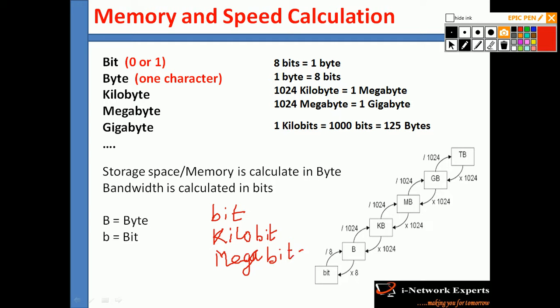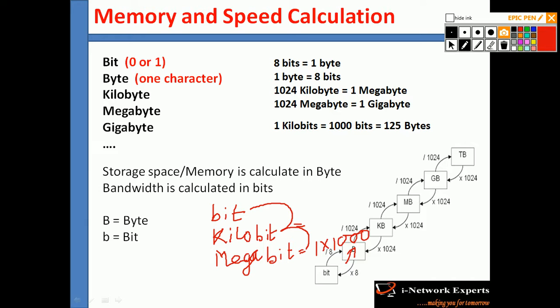I have a 1 MB connection, 1 megabit, that I have to convert first into kilobit, then bit. So what would be the multiplier value? Here we have to multiply by 1000. While calculating speed, you multiply by 1000. While calculating space, you multiply by 1024.